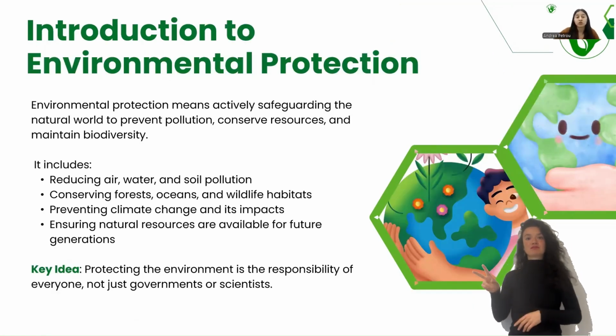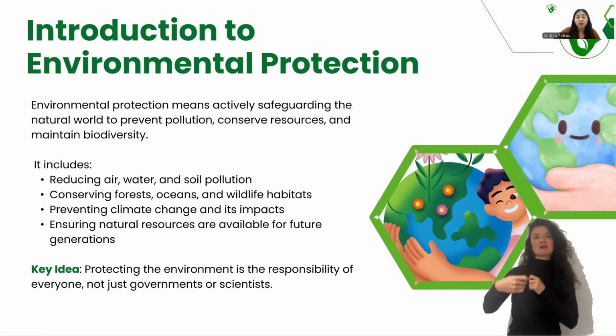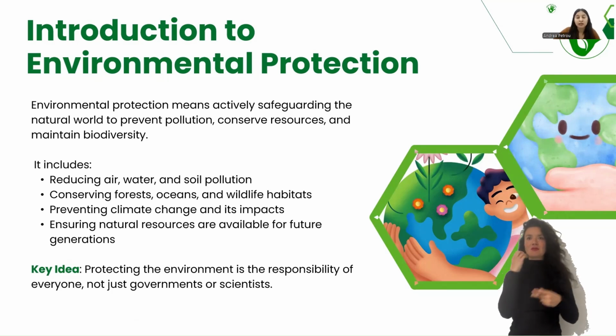Starting with the introduction to environmental protection, we'll see what environmental protection means. Environmental protection is about actively safeguarding the natural world to prevent pollution, conserve resources, and maintain biodiversity and ecosystems in general.